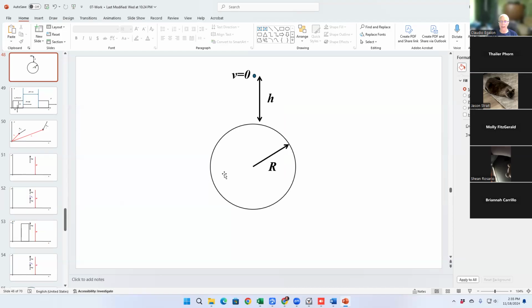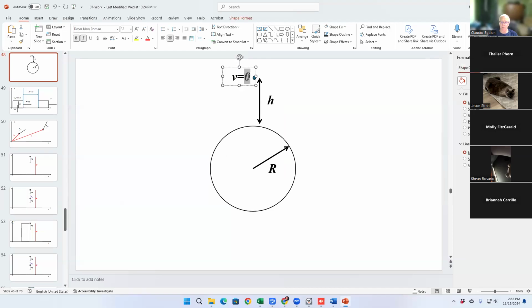But don't forget, the equation for the potential energy applies for distances from the center of the Earth. It's not from the Earth's surface. That's the important difference between one equation for the gravitational potential energy and the other.